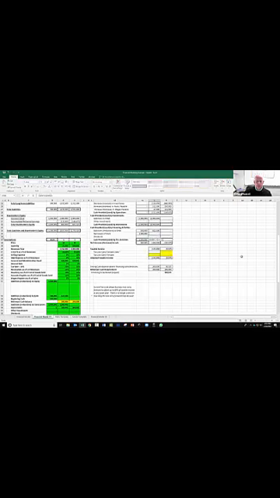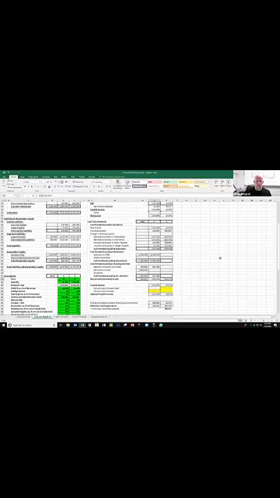I then sum these for my cash provided or used by financing activities, and then I take a summation of the three categories of cash flow: operations, investment, and financing, and come up with my net increase or decrease in cash, which is my cash flow.